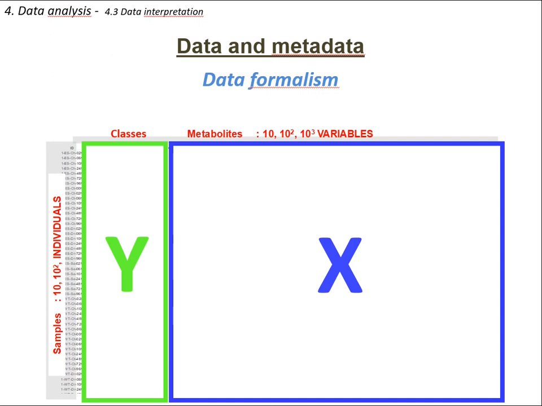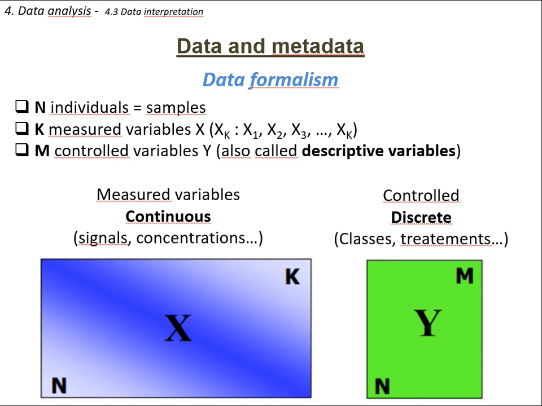So basically the Y matrix and the X matrix. So you have n individual samples, k measured variables, named x1, x2, x3, etc., and m controlled variables in the matrix Y. They are also called the descriptive variables. The measured variables are continuous, these are signals or concentrations, while controlled variables are usually discrete, these are the classes of samples, the treatments applied. So it's a description of the samples.